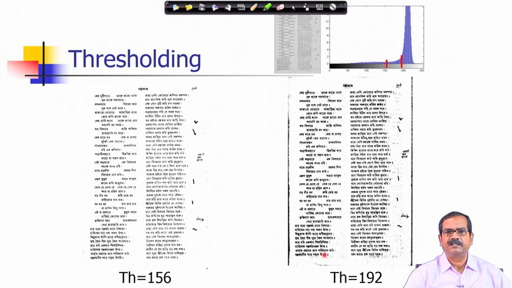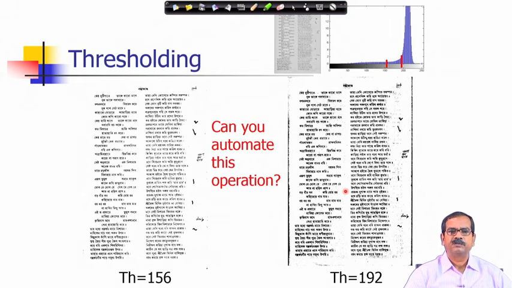If the threshold value is higher, then you get more foreground pixels and your text becomes sharper here, but then there is more spurious noise in your document also, which is not desirable. So, what is the optimum threshold value? What is the desirable threshold value which will make my text sharper, detect the proper foreground pixels, and also remove the noisy pixels?